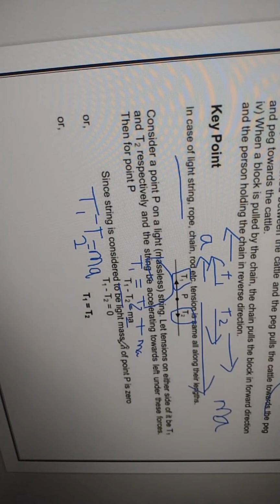Since the string is considered to be light, the mass of point P is 0. The mass is very light, so we consider it equivalent to 0.